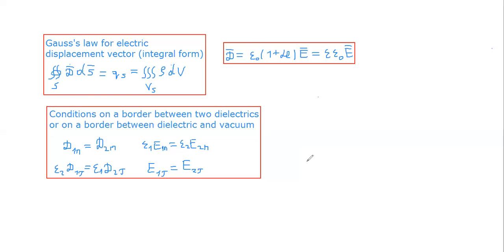Free charges can be easily moved in a conductor, and these free charges can carry electric current. And so because of free charges, a conductor may conduct electric current.